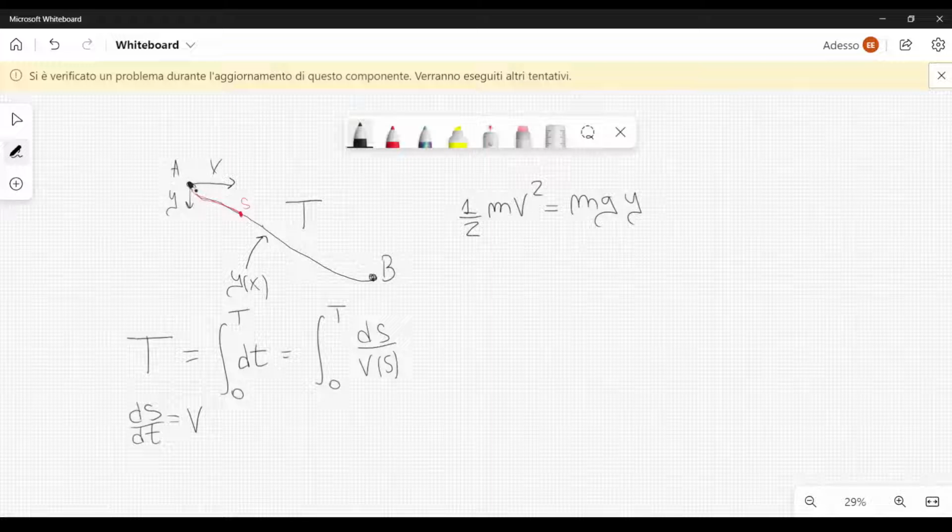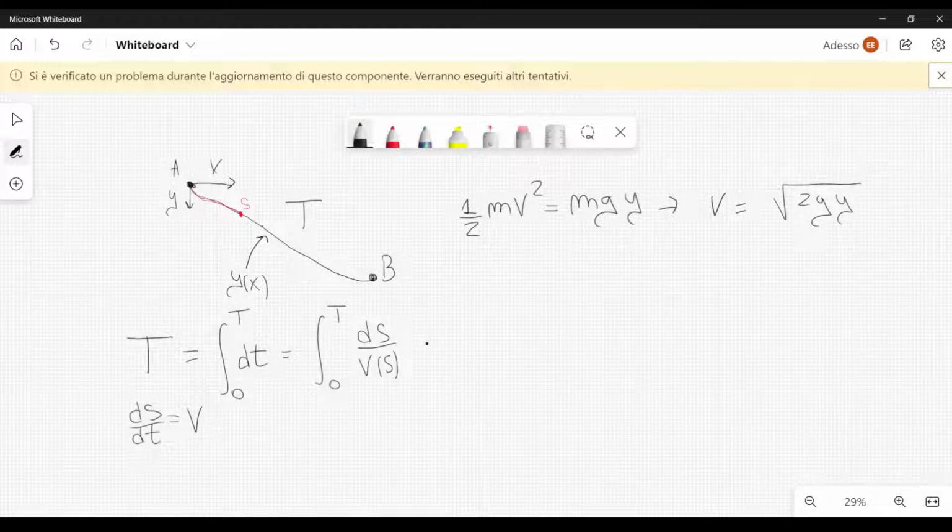And then as we move along this curve, the potential energy will increase if we write it in this fashion, mg times y, right? And also the kinetic energy will increase. In particular, from here we can get v equal to the square root of 2g times y.